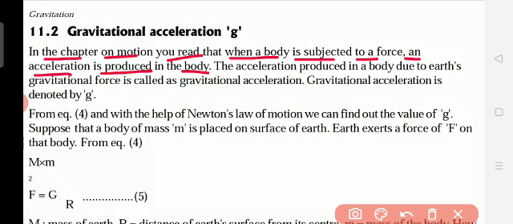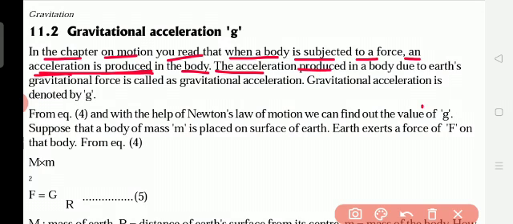For example, we apply a force on our friend, pushing the friend with some force, and the friend changes place. There is some movement, some direction. So acceleration is produced in the body.